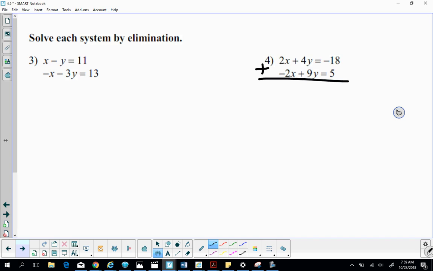It only has to be one of them. And when I do that, these already cross out, and you get 13y equals negative 13, and so on. So the first couple are pretty easy. You could see something this easy. You could see something a little bit harder.